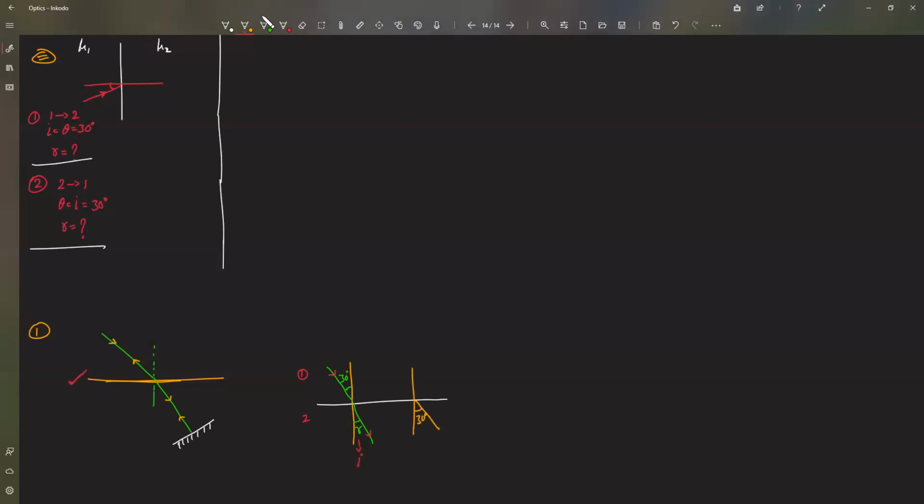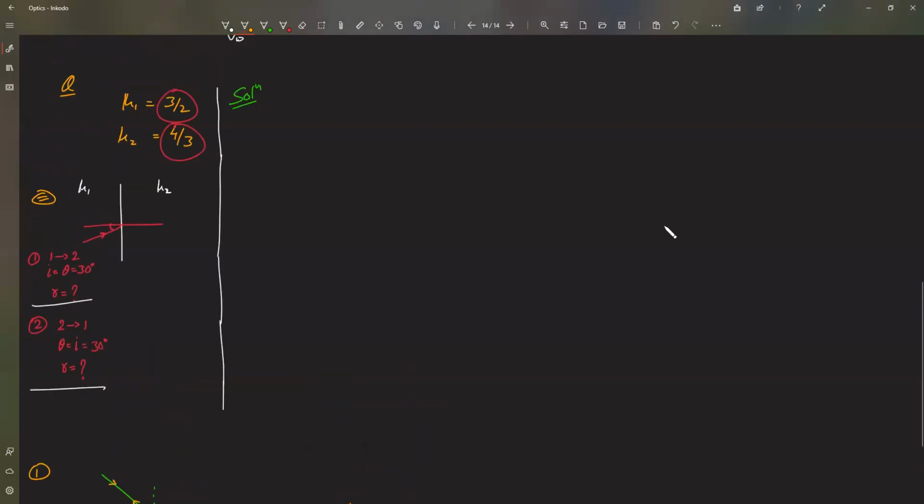And obviously these two won't be the same, because the refractive index is different, right? Now you go ahead and solve this. So my R for the first case, from medium 1 to 2, is sine inverse of 9 by 16.